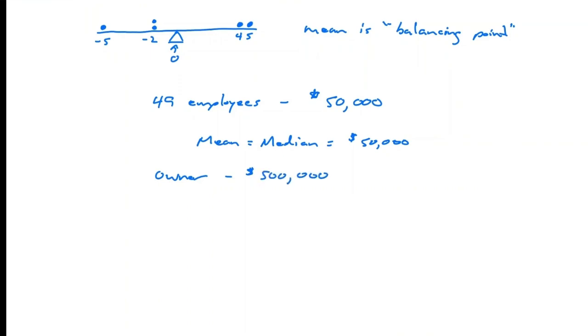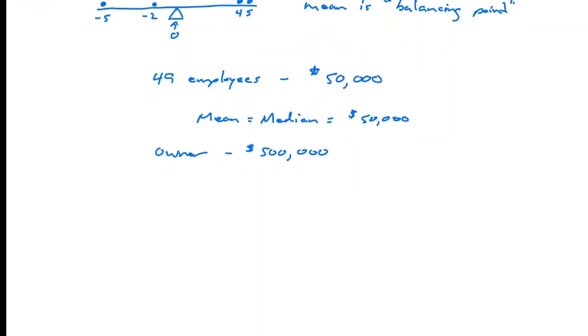So you can imagine now how that's going to impact the value of the mean and the value of the median. If I want to find the mean, mathematically, I've got 49 employees, each making $50,000. So that's the sum of all of their salaries, plus the 500,000 that I'm making.